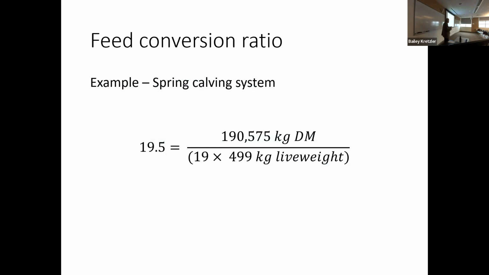And if you want to wrap this all up in a number that might be easier to relate to, for feed conversion ratios, you can boil this down to one number. So our 190,000 kilograms of dry matter divided by 19 finished animals times their live weight equals 19.5 kilograms, pounds, grams, whatever mass unit you want to use of feed input to get 1 kilogram of live weight output.